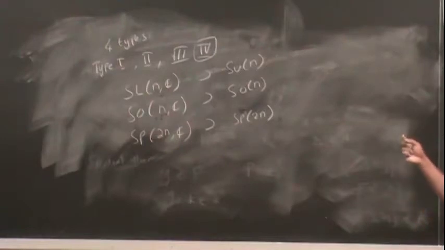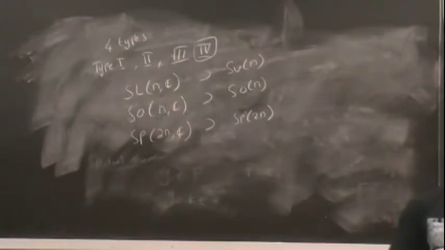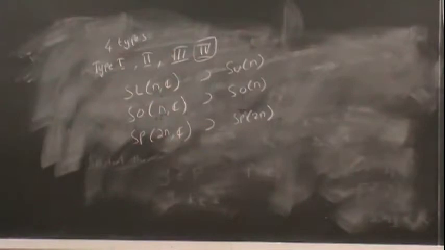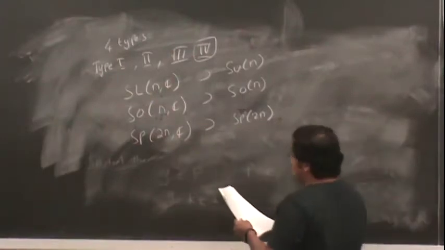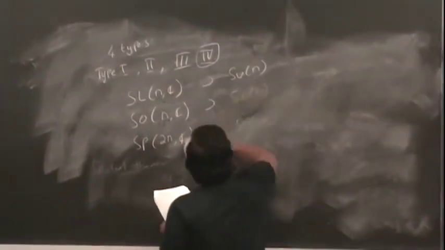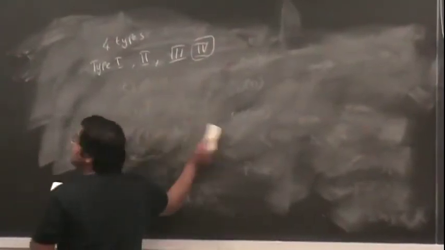So is this also SO(N) plus i SO(N)? Oh, you're doing a transpose and not a dagger, so both are antisymmetric. Yeah, sorry about that. All right. So these are the 4 ones in the type 4.